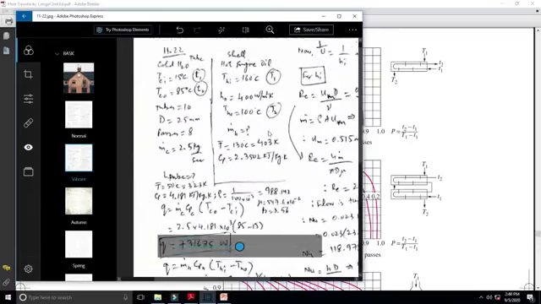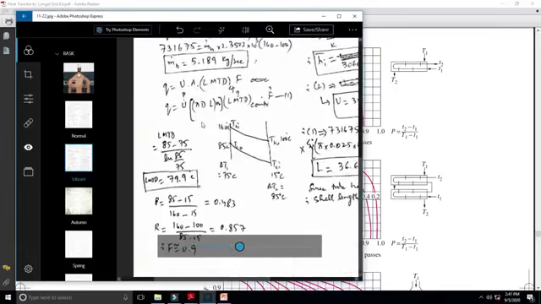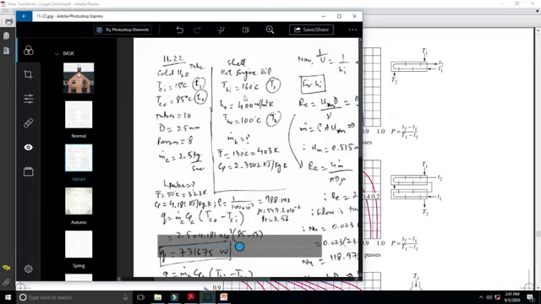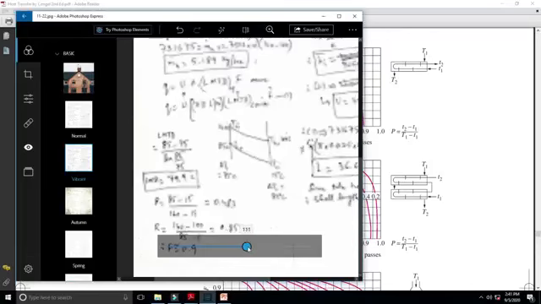Small t2 is 85, minus small t1, which is 15. So 85 minus 15 over capital T1, which as you can see over here is 160 degrees Celsius, minus small t1, which is again 15. So we get this value as 0.483.